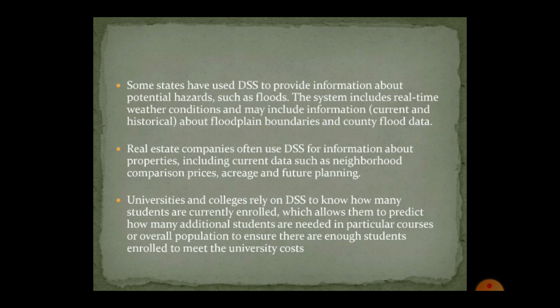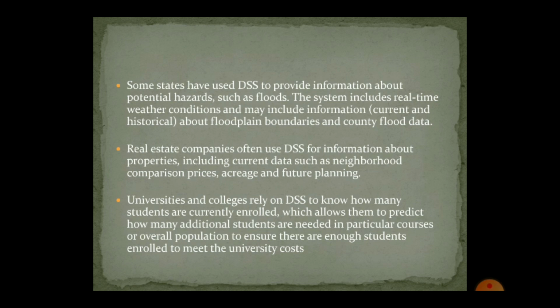Some states use DSS to provide information about potential hazards such as floods. The system includes real-time weather conditions and may include information, current and historical, about flood plains, boundaries, and county flood data. Real estate companies often use DSS for information about properties, including current data such as neighborhood comparisons, price, acreage, and future planning.